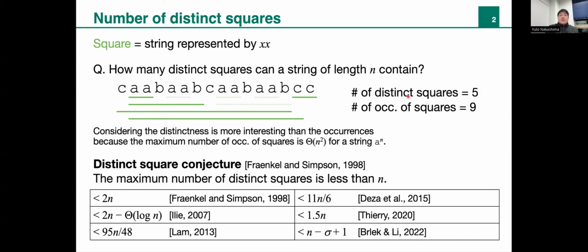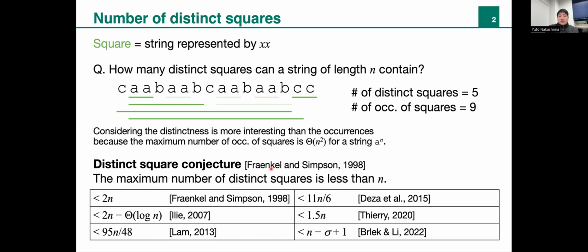If we count the occurrences of squares, there is a simple lower bound on the maximum number of square occurrences. If we consider a length-n unary string like this, a to the n, it has order n squared square occurrences. So counting distinct squares is a natural problem.